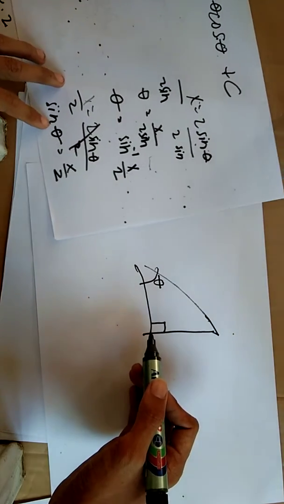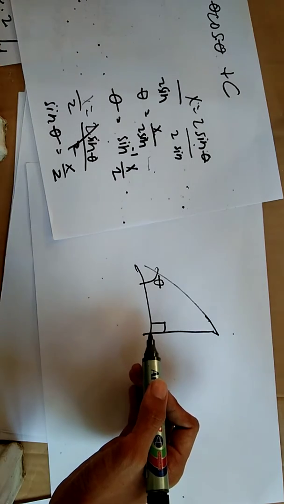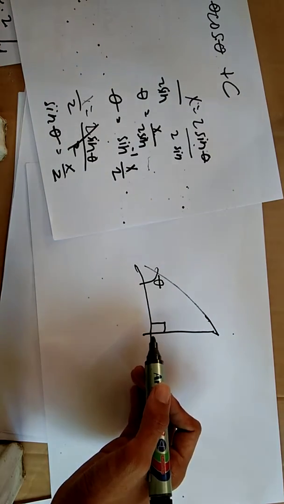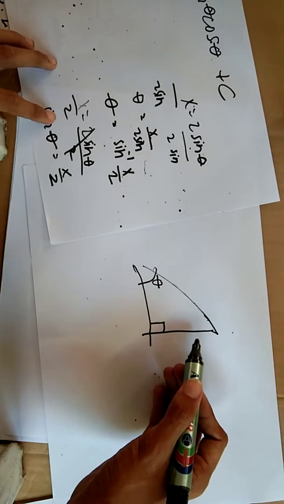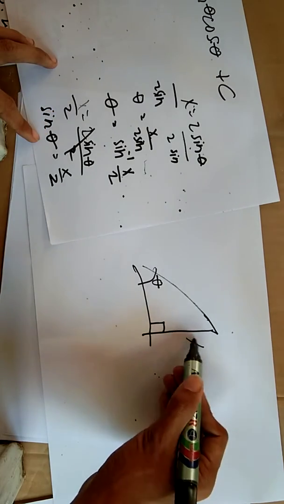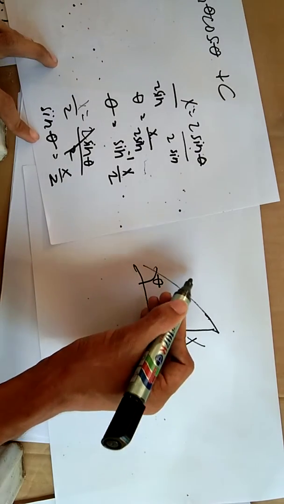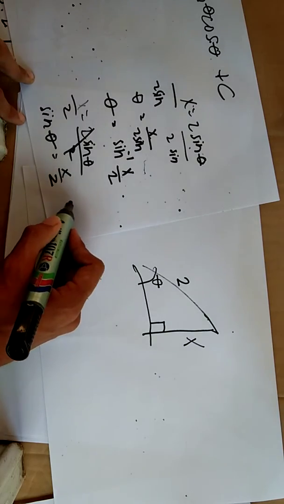And as said in SOH CAH TOA, sine is equal to the opposite side over the hypotenuse. So that's why our sine theta is x over 2.